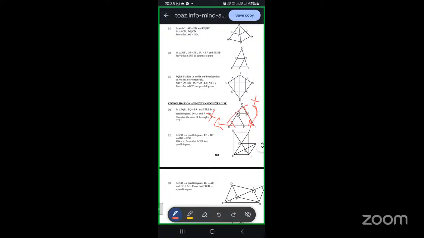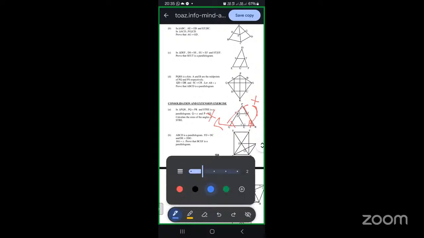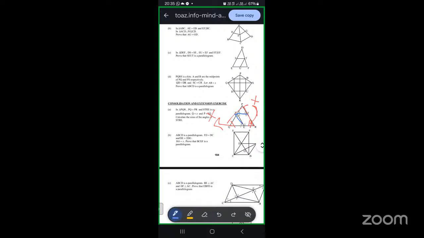Okay, thank you guys. So now we were given that this is a parallelogram. Let me maybe use the blue color. We were given that this is a parallelogram, and this one then will also be x. Do you guys agree to that statement?